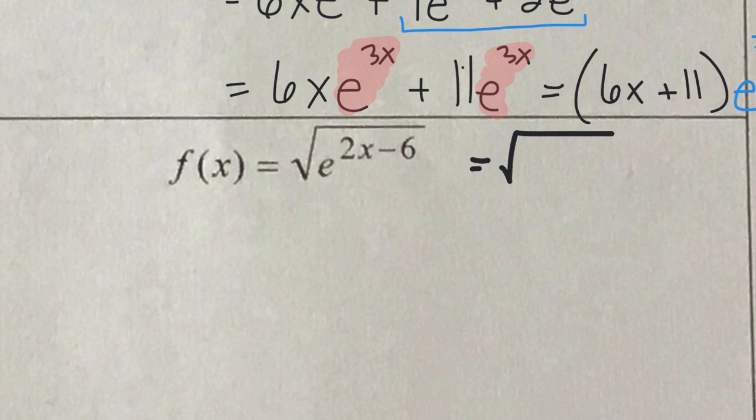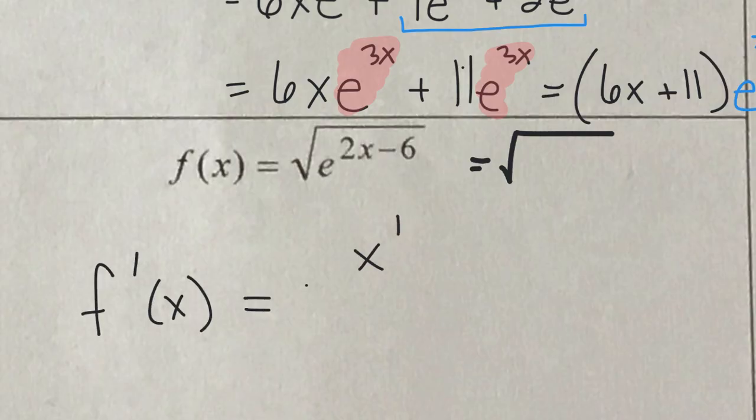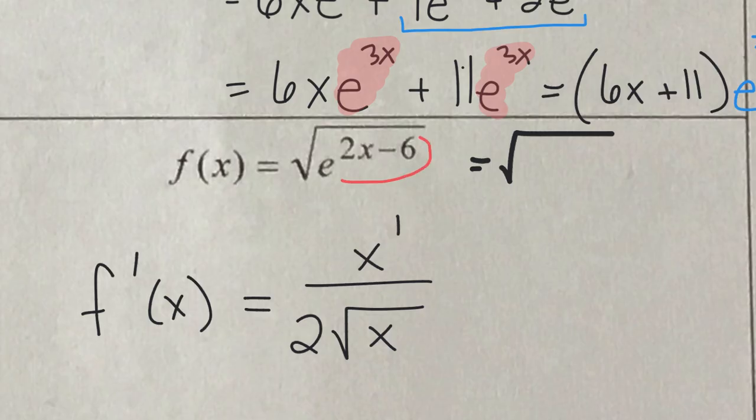So just like we did a second ago, what is our form for the derivative of a square root? It's the derivative over 2 times the square root of your function. So it's the derivative of your argument, where in this case, our argument is an exponential function.